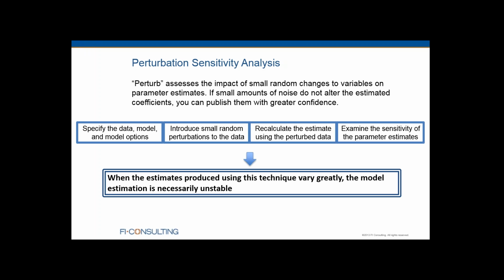Then we are going to draw from those PDF functions to introduce small random changes to the data. We then recalculate the estimate using the altered data. And then finally, we test how sensitive the parameter estimate was to randomly changing the data. If your estimate differs greatly from your original estimate, that means that you have an unstable model.